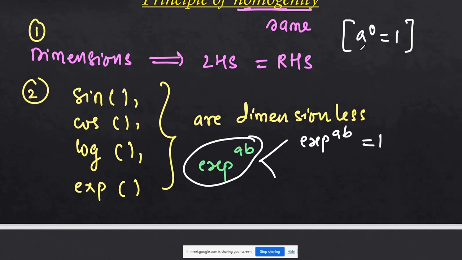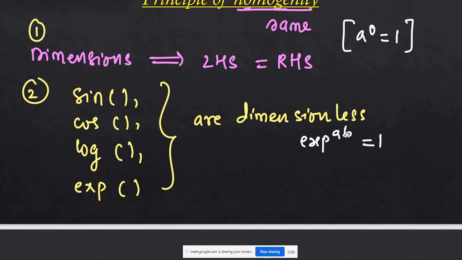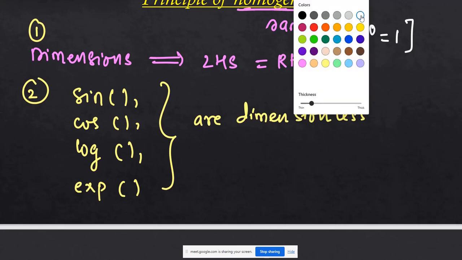Your voice is breaking. Now am I audible? What is the meaning of saying dimensionless? Dimensions means powers. If we say they are dimensionless, it means they don't have any powers.